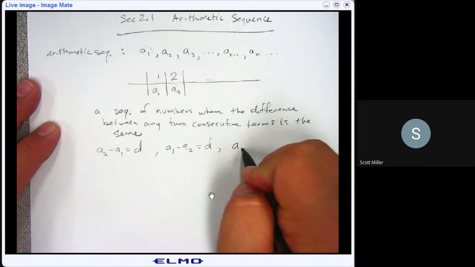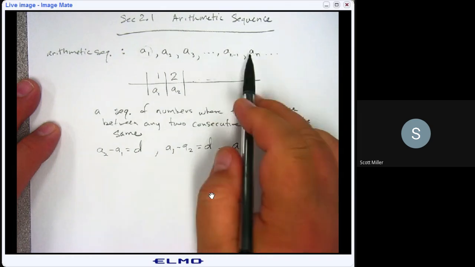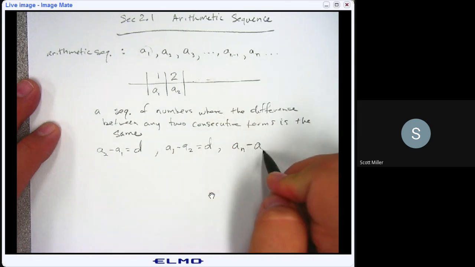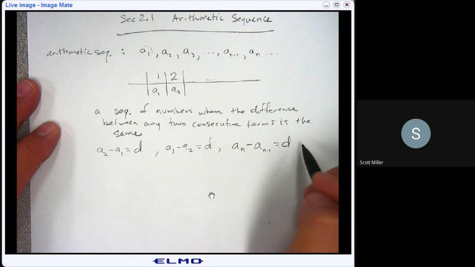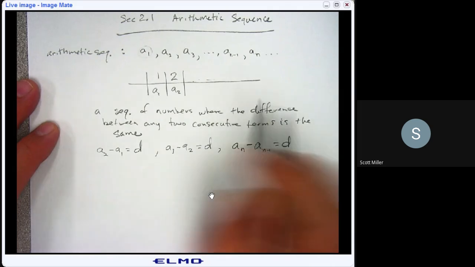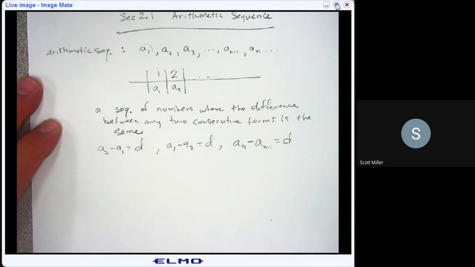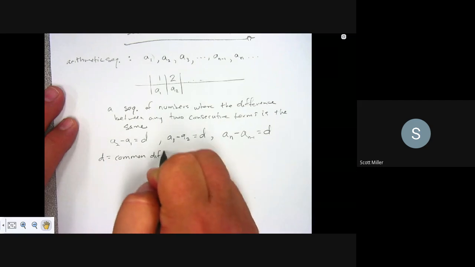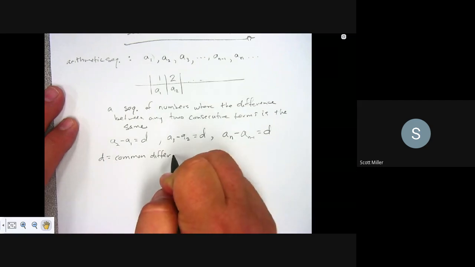Any two numbers anywhere that are next to each other, if you subtract them, you will get the exact same number. This number then is called the common difference. So D is called the common difference.